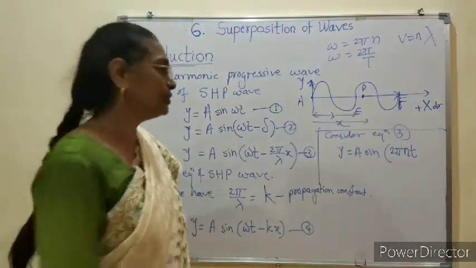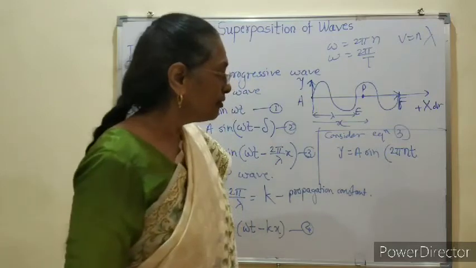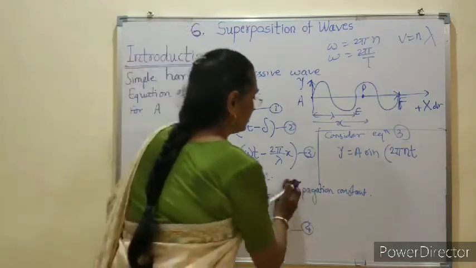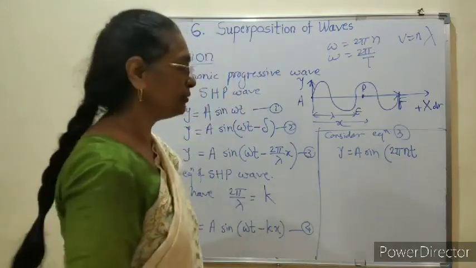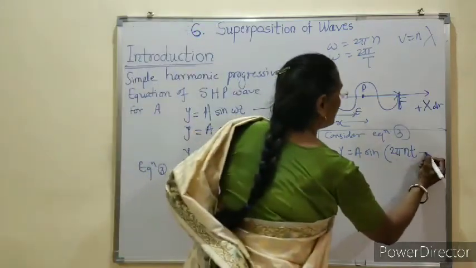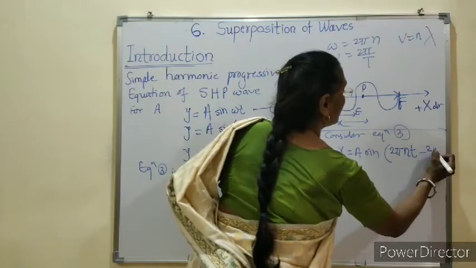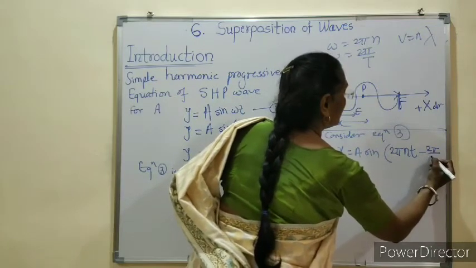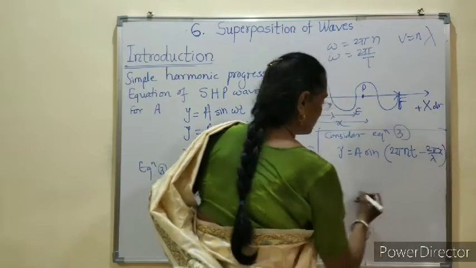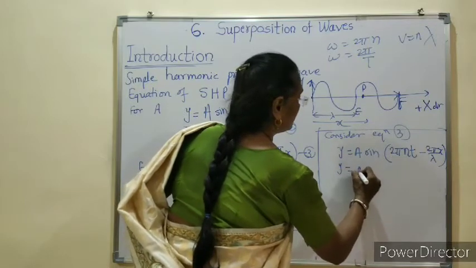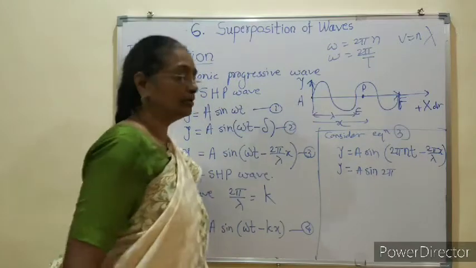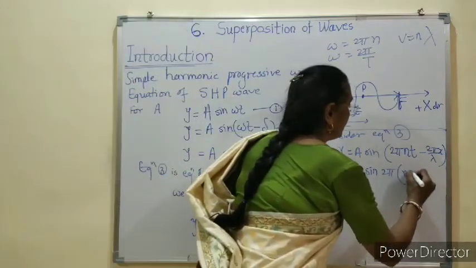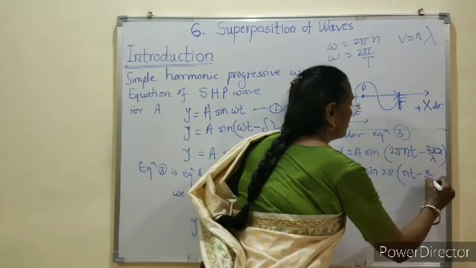All such equations we use here, and we take the forms of SHM wave. So 2 pi nt minus 2 pi upon lambda into x. So we get y is equal to a sin 2 pi, which can be taken as common, nt minus x upon lambda.